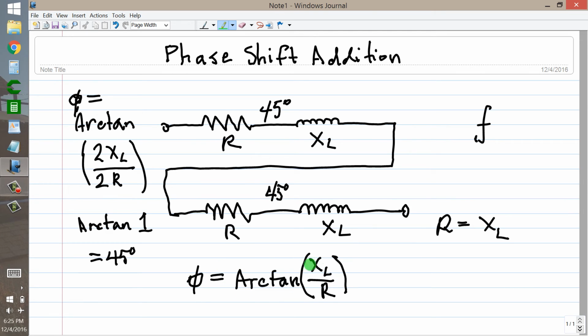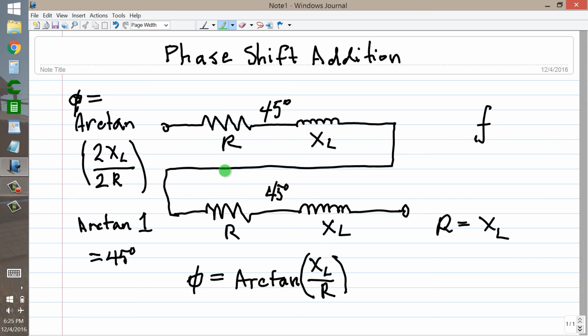So keep in mind that when you want to find out the phase shift produced by a complex resistance-reactance circuit, you can't just add up the phase shifts and expect to get the resulting phase shift correctly.